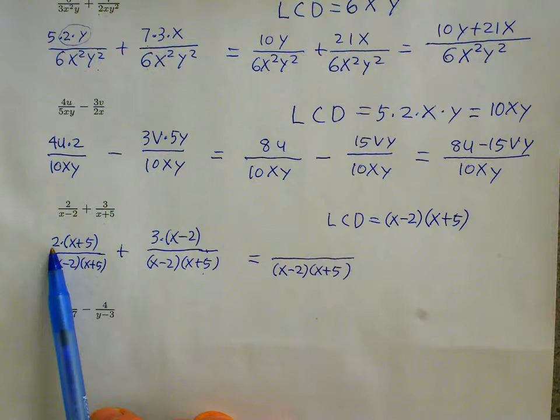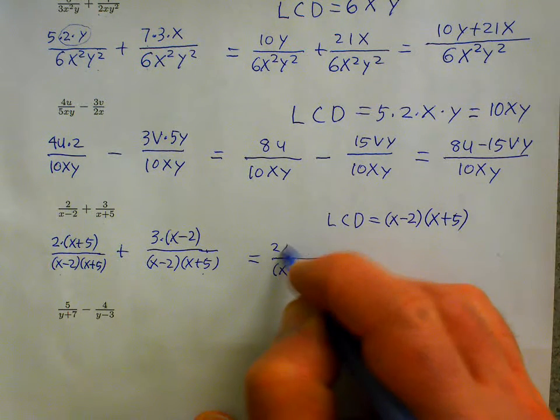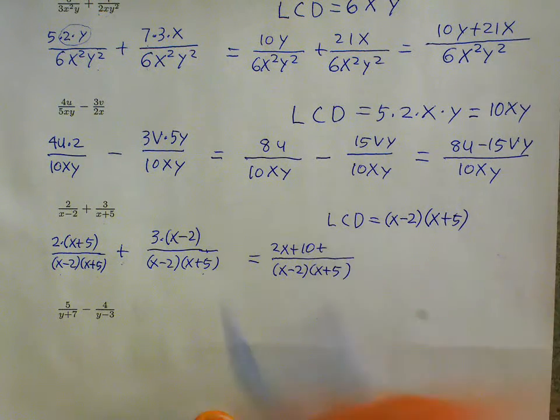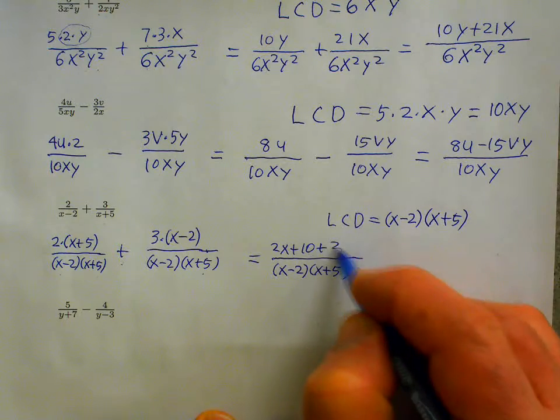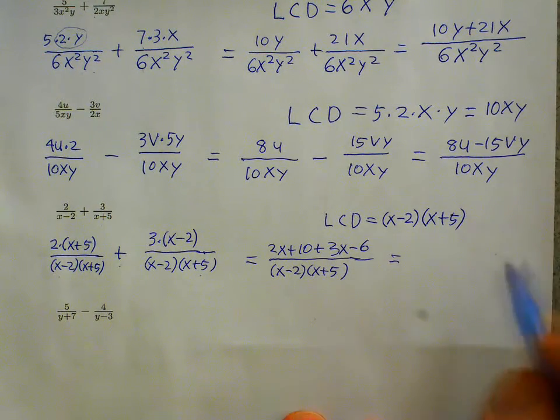We'll go ahead and multiply 2 times the quantity x plus 5 to get 2x plus 10. And then we're adding 3 times the quantity x minus 2, which is 3x minus 6. We can simplify further.